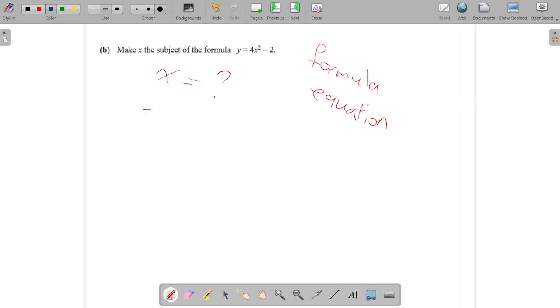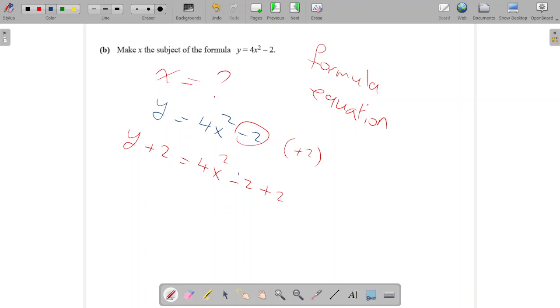Now let's start by doing it. First of all, it's y equals 4x squared minus 2. The first thing that you need to remove, of course, is the minus 2. And how do you do that? By adding 2 to both sides. So you're going to do y plus 2 equals 4x squared minus 2 plus 2.